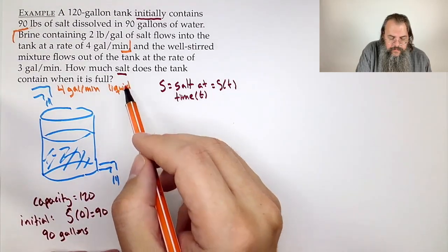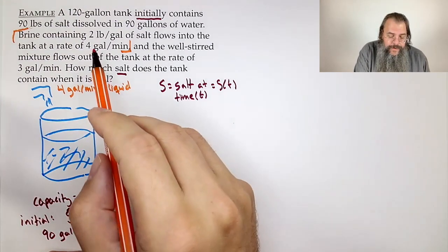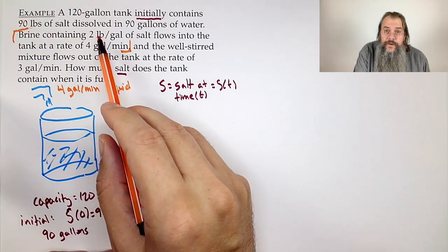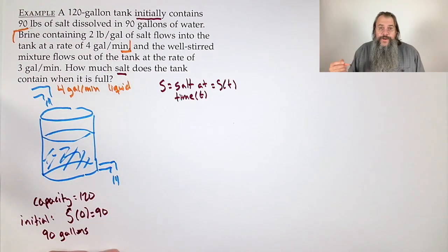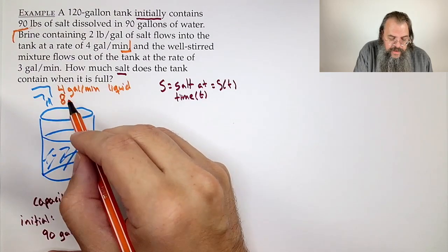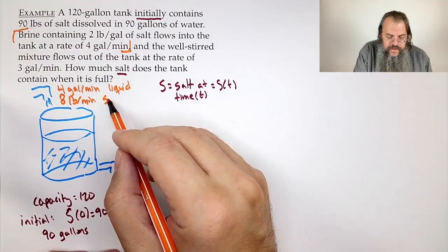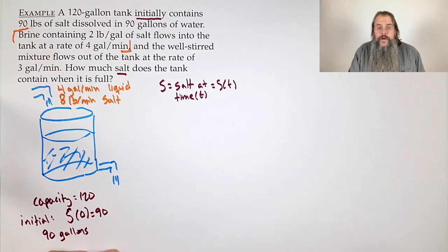That's our brine. How much salt is coming in? Each gallon has 2 pounds. So if there's 4 gallons, each has 2 pounds, that says 8 pounds per minute of salt. Okay, so that's our inflow.